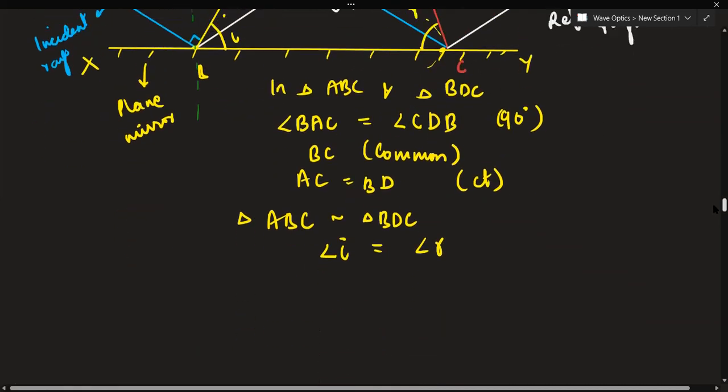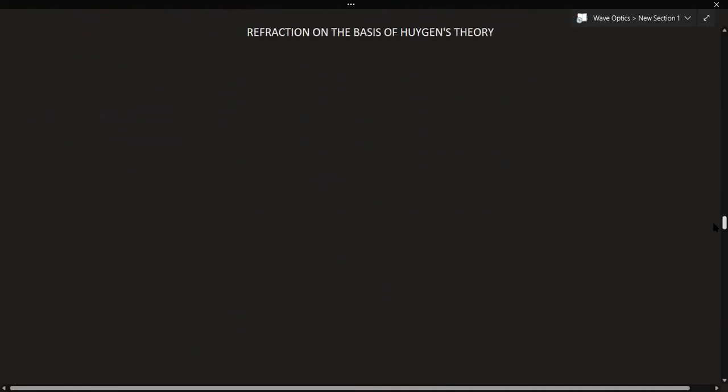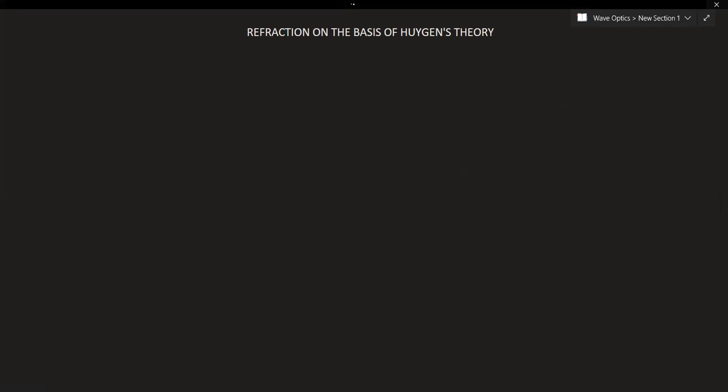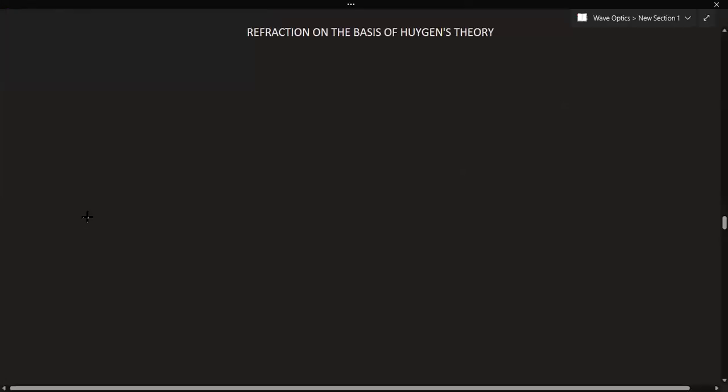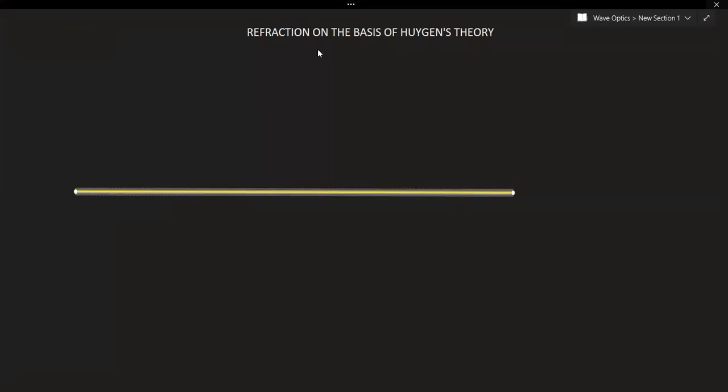So let's see it for refraction. The difference is that instead of getting the reflected ray, we'll be getting a refracted ray. I think this will be easier than the reflection case, since you have studied refraction in detail.